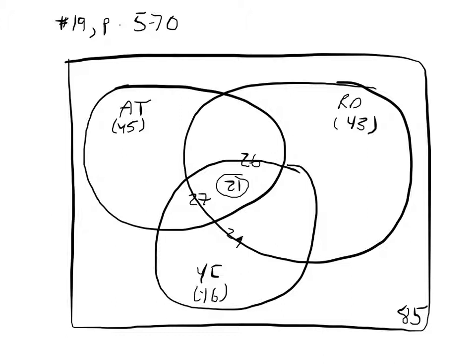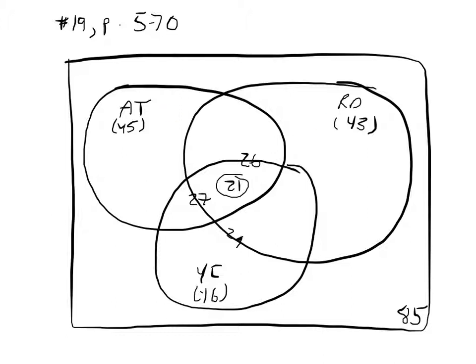So the key here is they tell me that of the cars with four cylinders, 27 have automatic transmissions. So that means in this area right here, which is going to be the intersection of our four-cylinder and our automatic transmission, we have 27 cars. 26 have rear-wheel drive with automatic transmission.